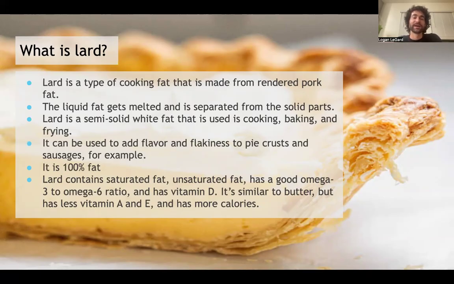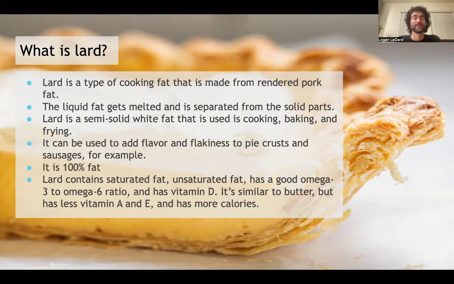It can be used to add flavor and flakiness to pie crusts and sausages, for example. It is 100% fat, and lard contains saturated fats, unsaturated fats, and has a good omega-3 to omega-6 ratio and has vitamin D. It's similar to butter, but has less vitamin A and E and has more calories.